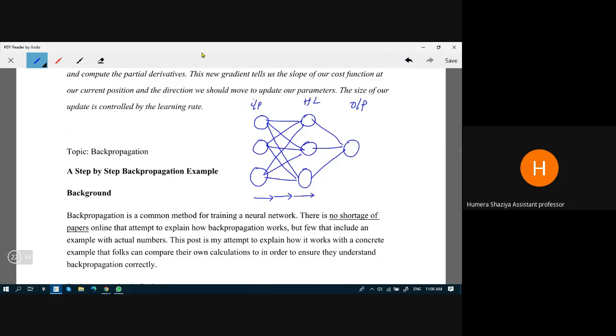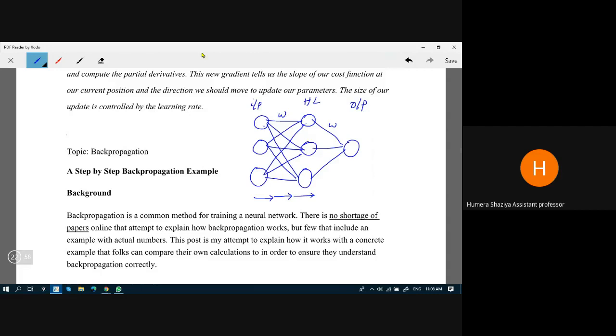And then here there are some weights. Every arc, every edge, will have a weight. This is the connecting point between this node and this node. This is the first node in the first layer. This is the first node in the second layer.